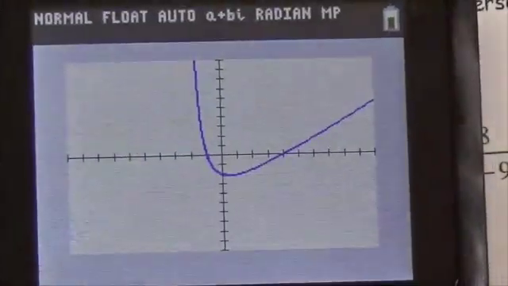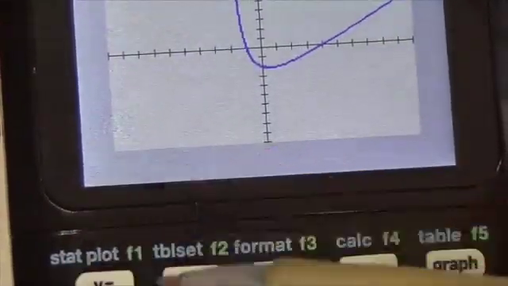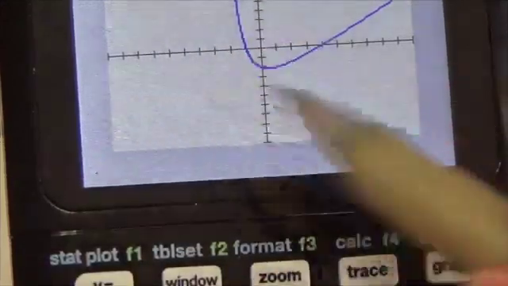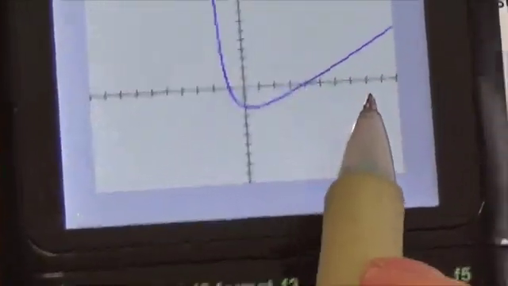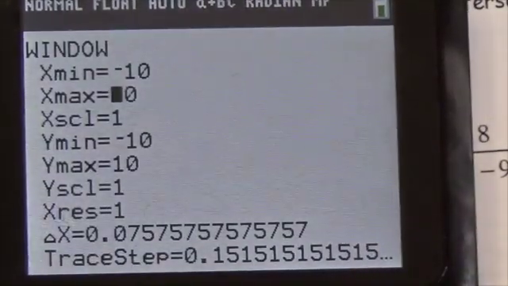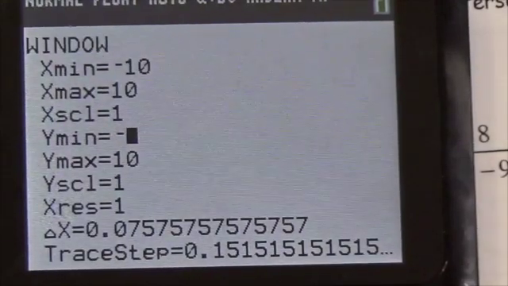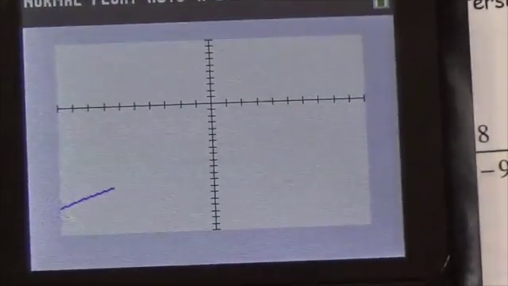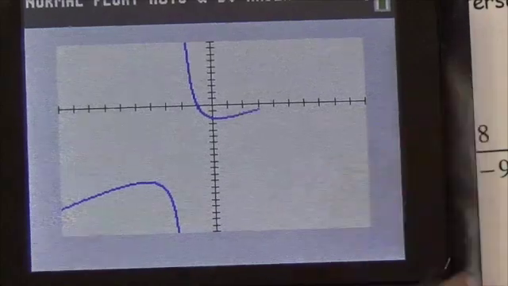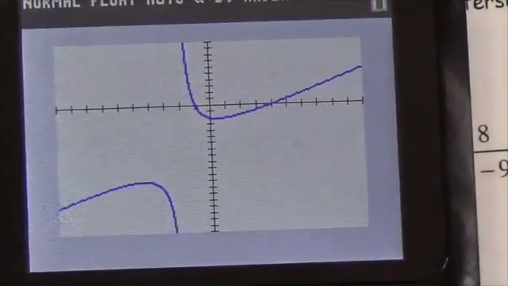So what that means is down here, the graph has come up, and then it's moving away from the x-axis here. If I want, I can go into my window and maybe drop my y-min to, let's say, -20. There's that bottom part there. Okay, I feel much better now that those are the only two solutions that I'm going to get here.